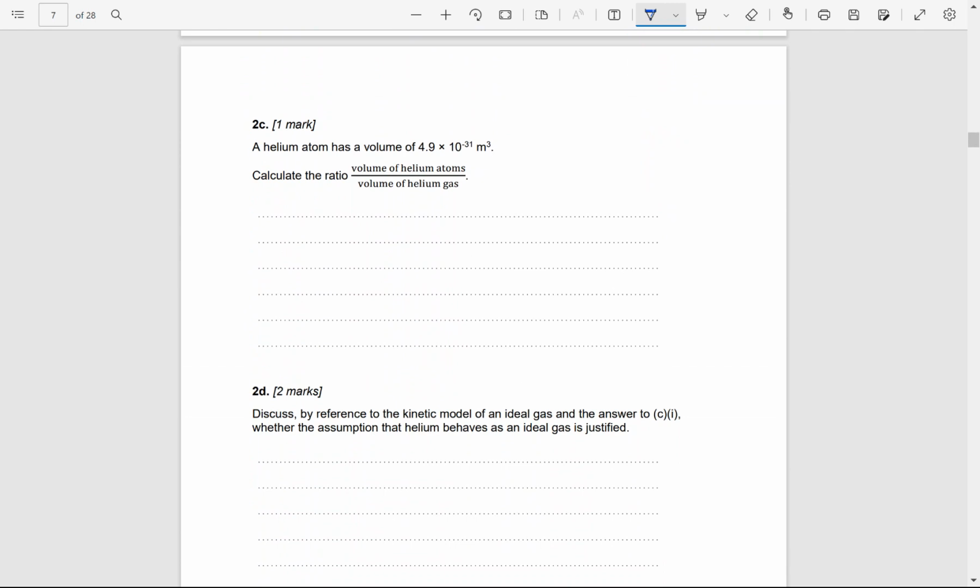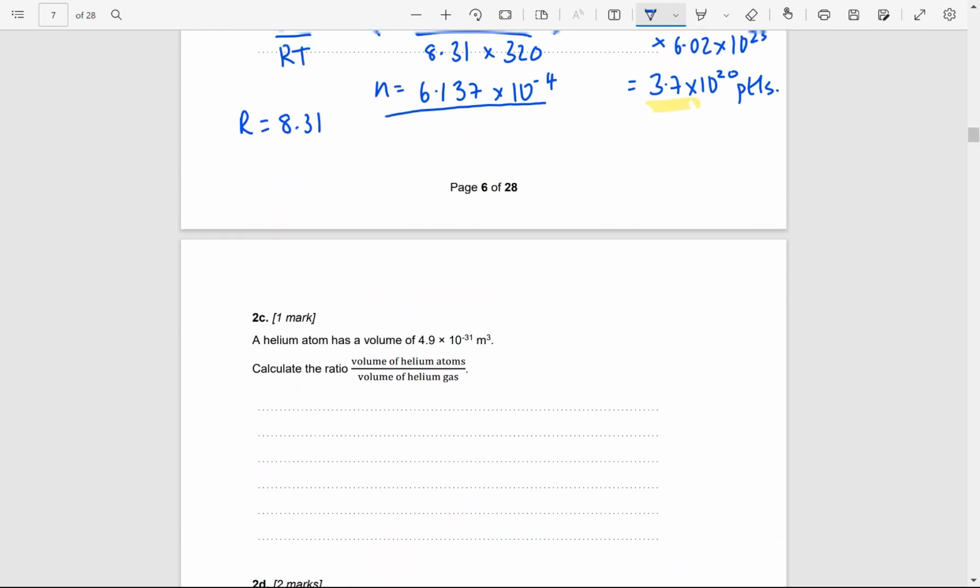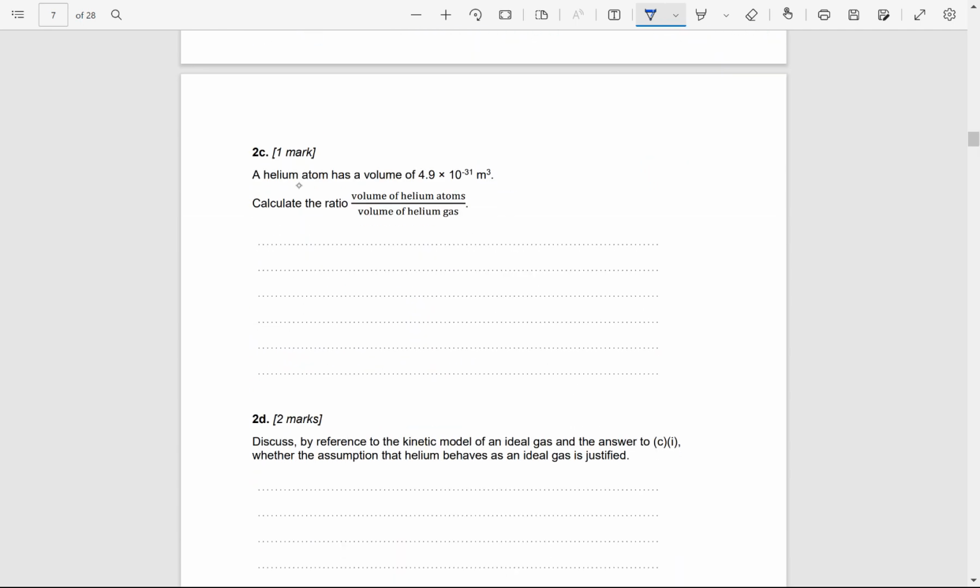2c, a helium atom has a volume of 4.9 times 10 to the minus 31. Calculate the ratio of the number of atoms to the volume of the gas. So we have one helium atom.